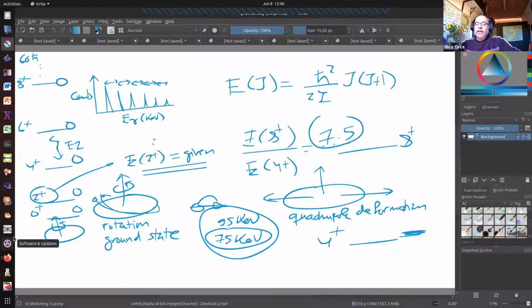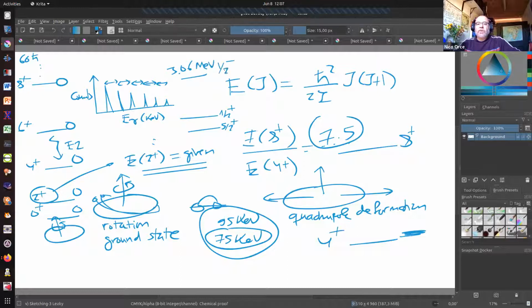As we saw yesterday for oxygen-17, there was a 1/2 plus here, there was a 5/2 plus here, and then there was a big jump of 3.06 MeV for the 1/2 minus.